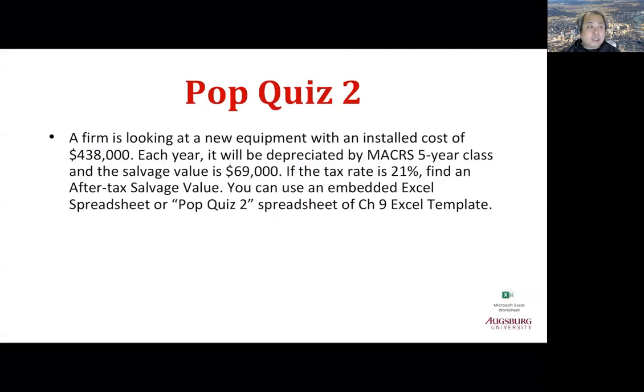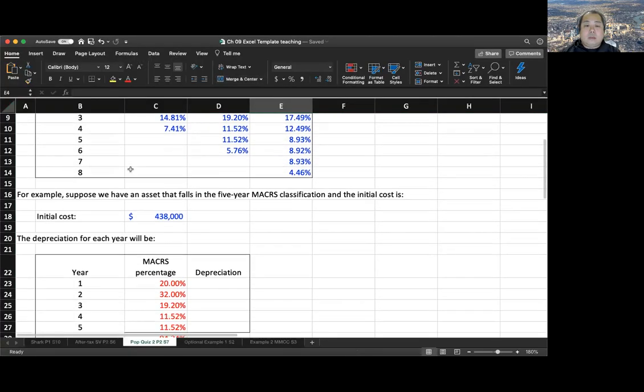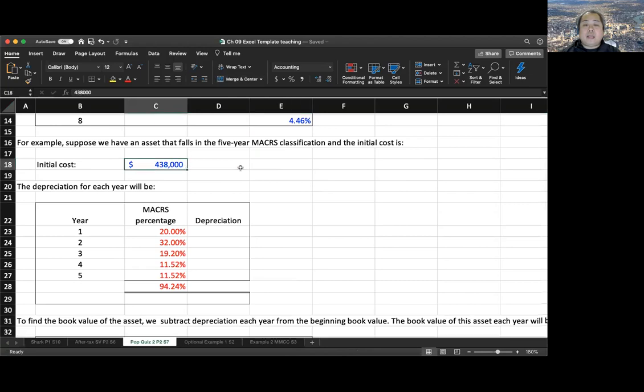Now let's use Excel. You can double click this embedded Excel template, or you can just directly bring the Package 2 spreadsheet from the Chapter 9 template files posted on Moodle. So again, initial cost $438,000.